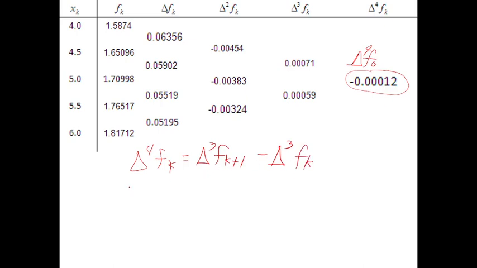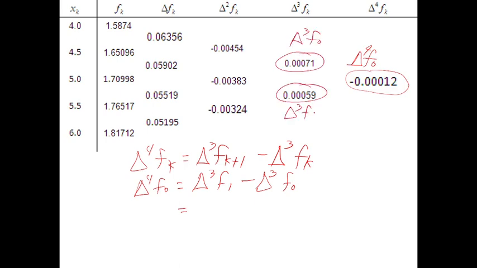So kaya, kung yan ay 0, delta cube f sub 1 minus delta cube f sub 0, no? So in that case, this is delta cube f sub 0. This is delta cube f sub 1. So 0.00059 minus 0.00071. We get negative 0.00012. Okay? That's it.